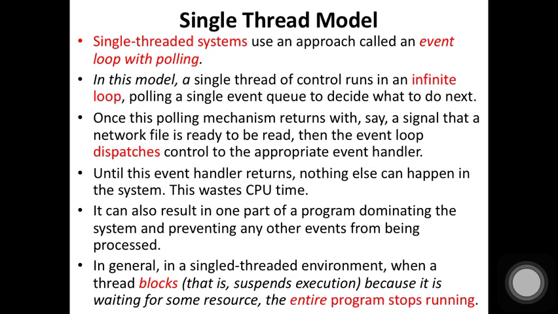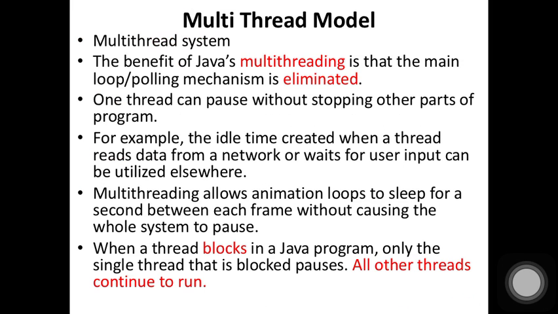Here it takes a huge amount of time, it simply wastes the CPU time, and it blocks a thread to wait for certain resources until certain things happen. The entire program stops running until the value or the resource is handled by the handlers. Coming to the multi-threading model, it is not the case here.